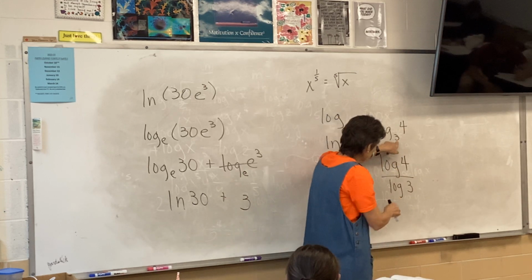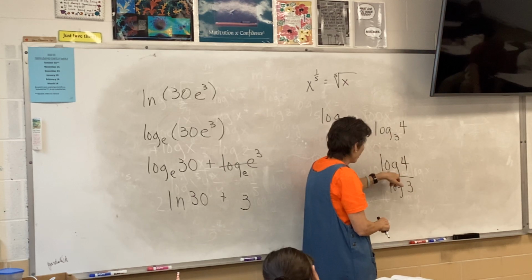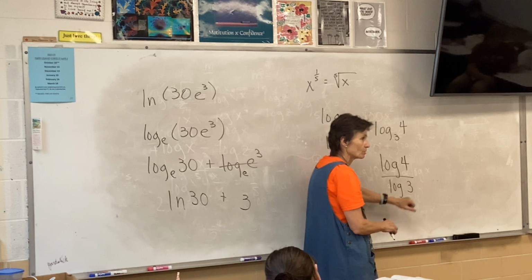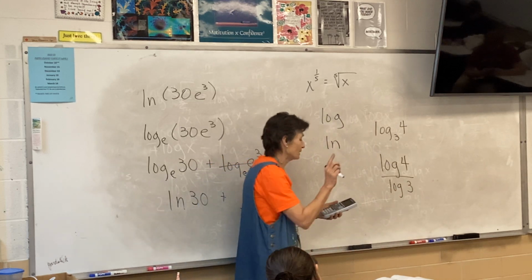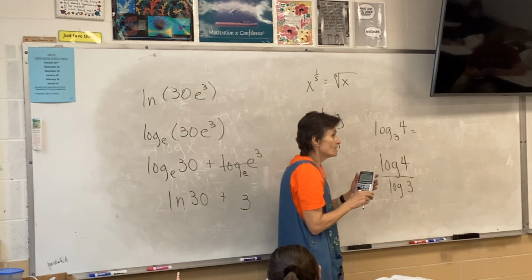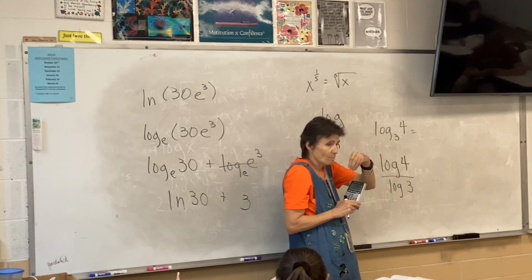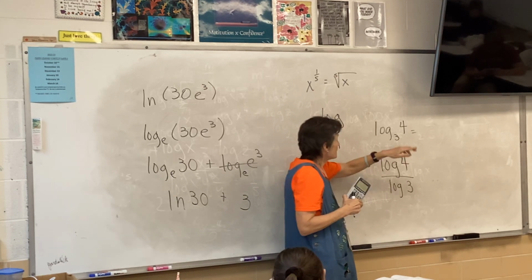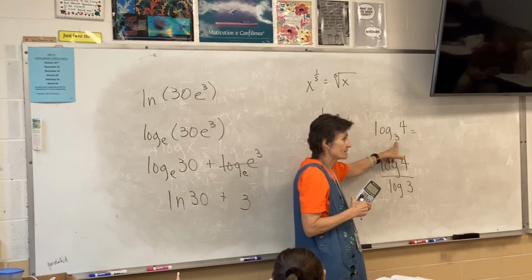The one that's below goes in the bottom. Log 4 divided by log 3. I'm just going to type that in on my calculator, and believe it or not, that's going to be the answer to this question. So if you have a base that you can't do, you take the log of this number divided by the log of this number.